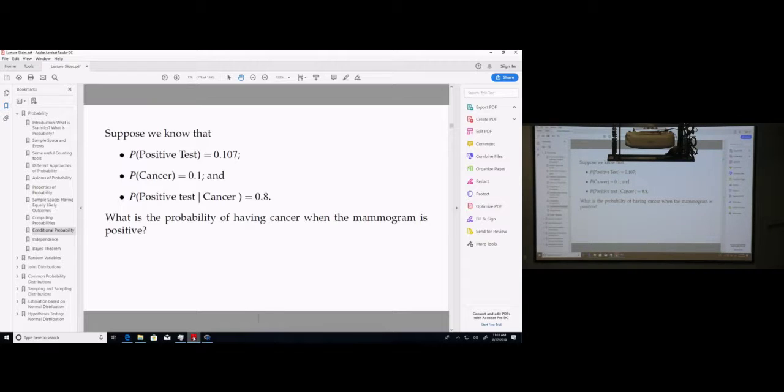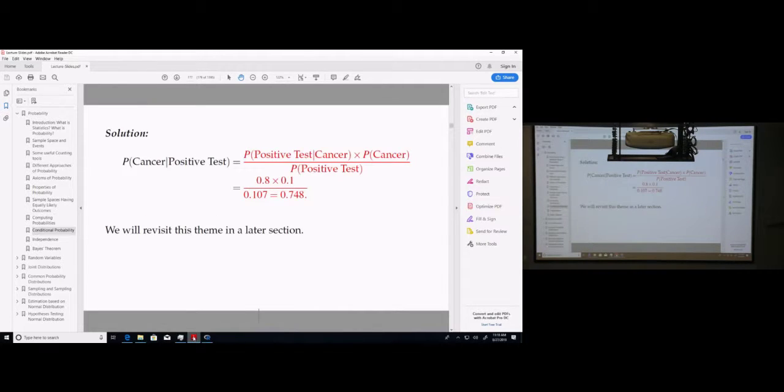Okay, what is the probability of cancer when the mammogram is positive? It will be worked out in this way. The probability of cancer, given that it is a positive test. We want to invert the two conditional probabilities, so we have to use the formula earlier. This is B on A and A on B. We change it.